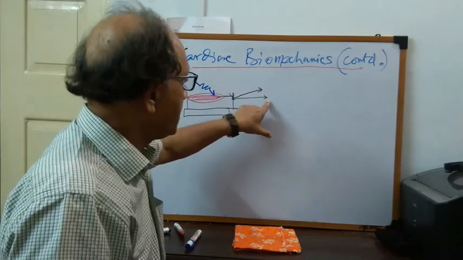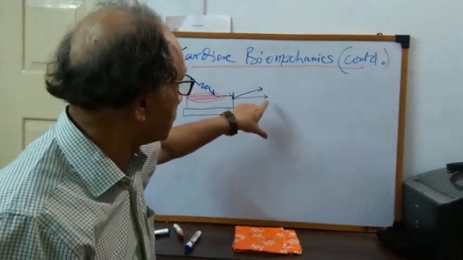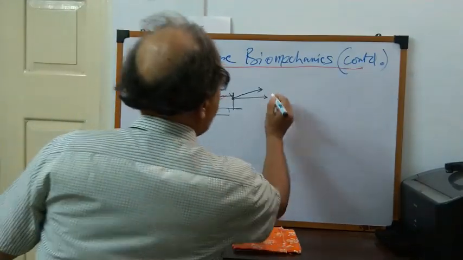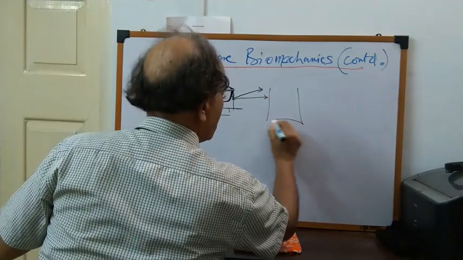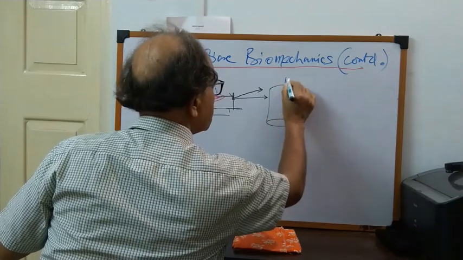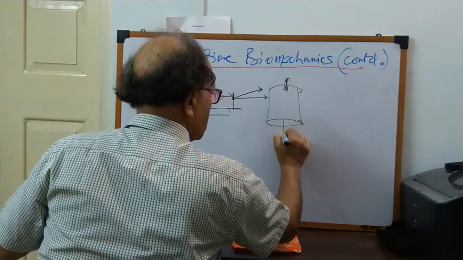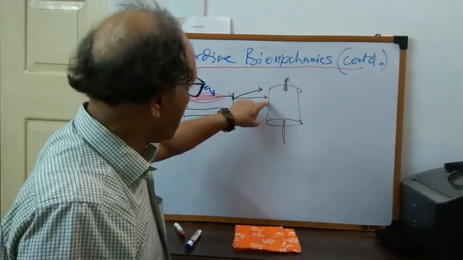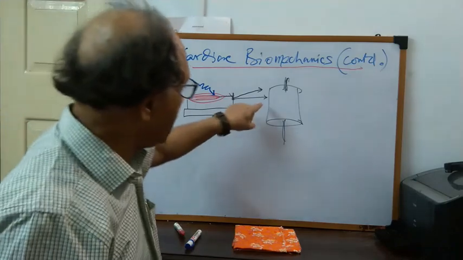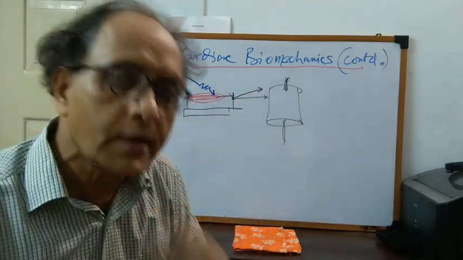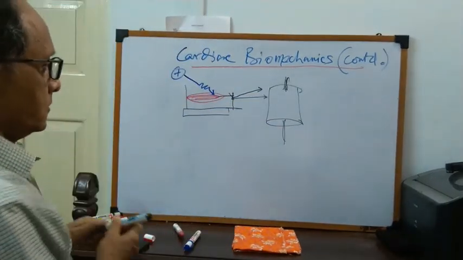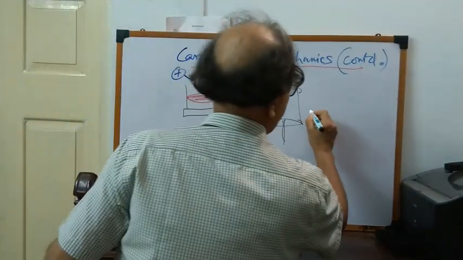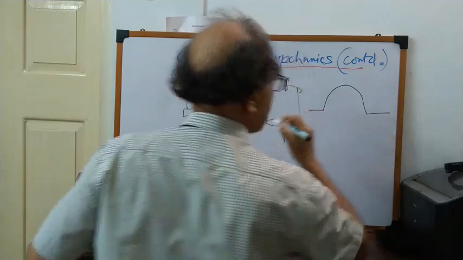So if I attach this lever to a moving drum, suppose the drum is moving slowly, and in this lever there is some writing arrangement, we can record the movement.